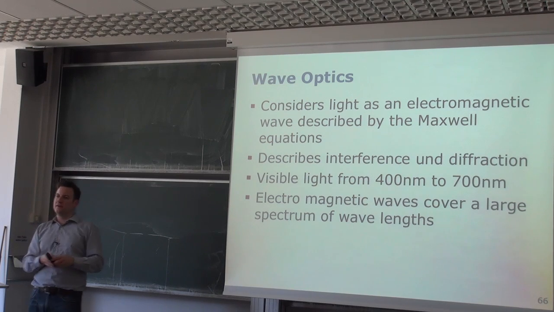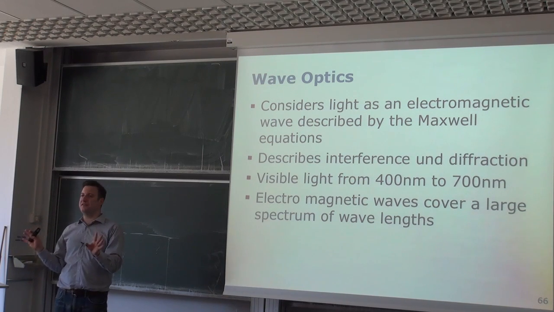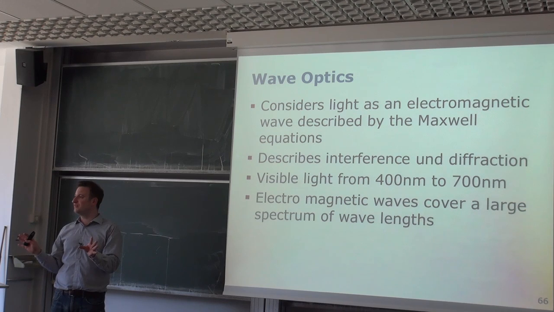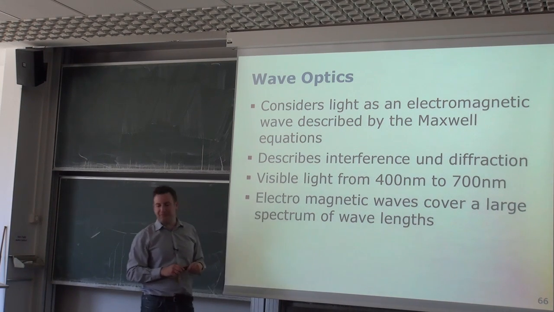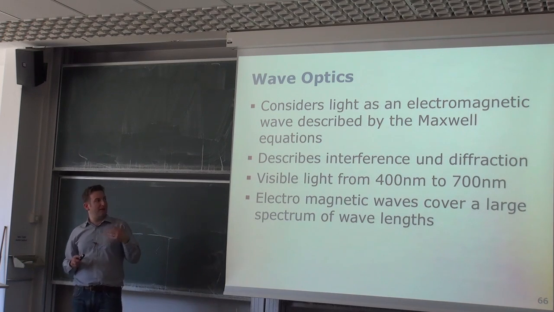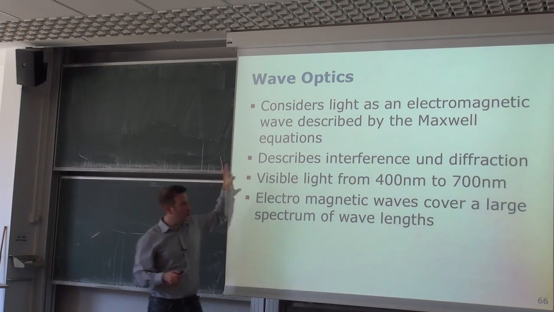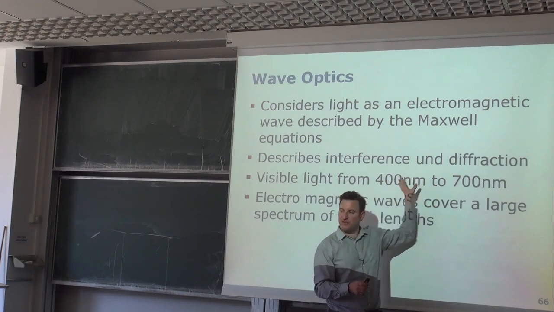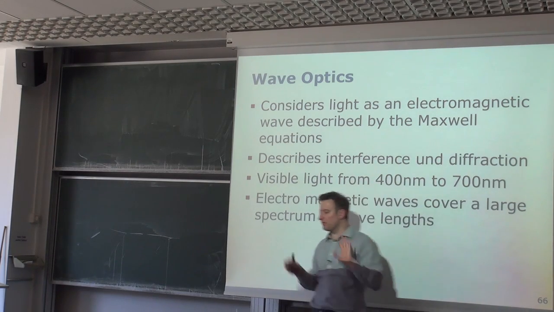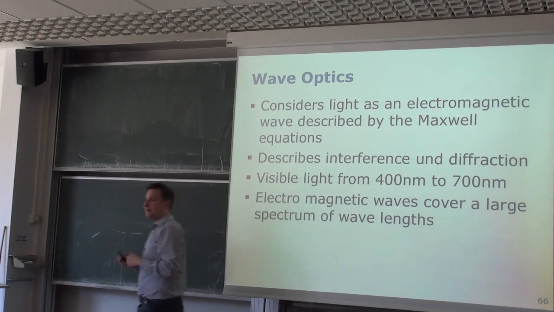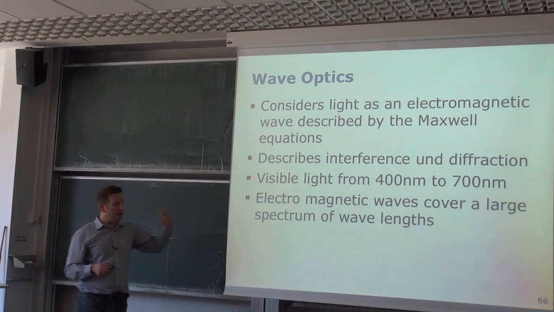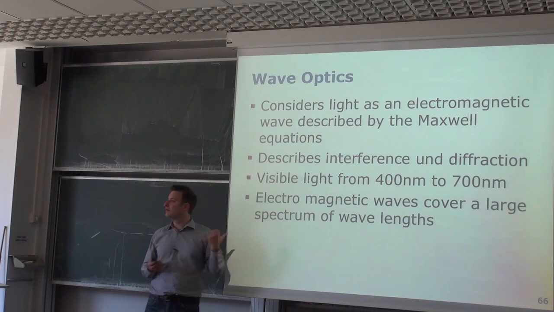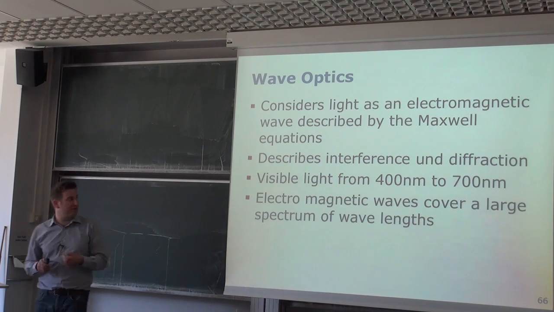I think you all have seen that. Have you all seen that in physics? What do I have to explain? Okay, so I don't need to talk about that. The idea is to describe light as a wave. We have wavelengths of the visible spectrum somewhere from 400 to approximately 700 nanometers, and it's just a form of electromagnetic radiation. Certain effects can only be described with this kind of formalism.